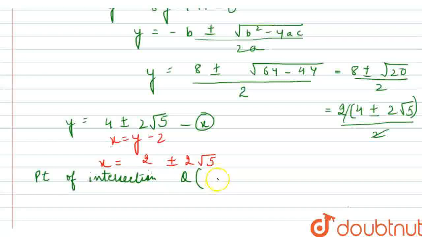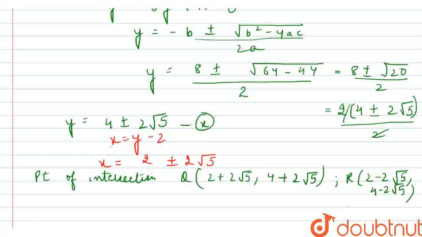The coordinates would be x is 2 plus 2 root 5 and y would be 4 plus 2 root 5, this is point Q, and point R would be 2 minus 2 root 5 and 4 minus 2 root 5.